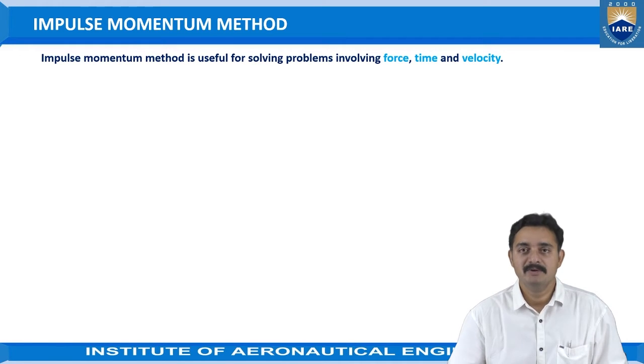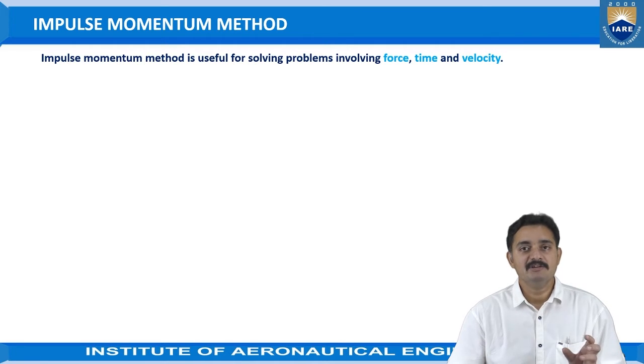In this impulse momentum method, it will be used for solving the problems which involve force, time and velocity also. The term impulse is defined as the product of force and time.